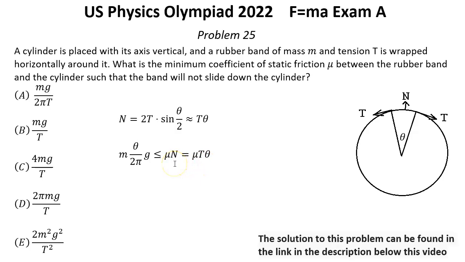And from here we can count that mu must be greater than or equal to mg over 2 pi T. It means that this is the minimum coefficient of static friction. That's answer A, and that was the solution for problem number 25.